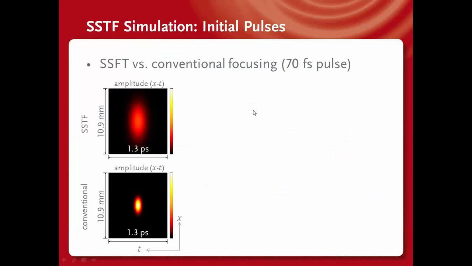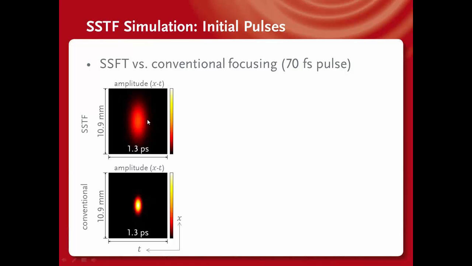And here you see the pulse in front of the focusing mirror. That means that here we still have the separated spectral components. In the upper figure you see the SSTF setup. So in the x-axis you have here the times, the pulse length, and again here we evaluate this along the x-axis.